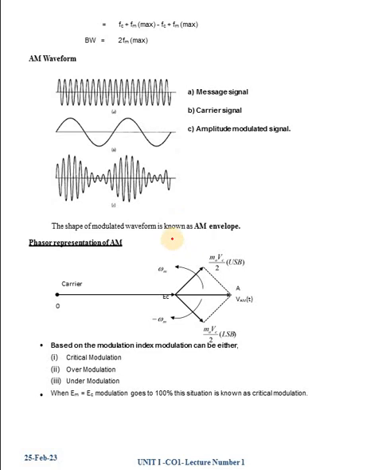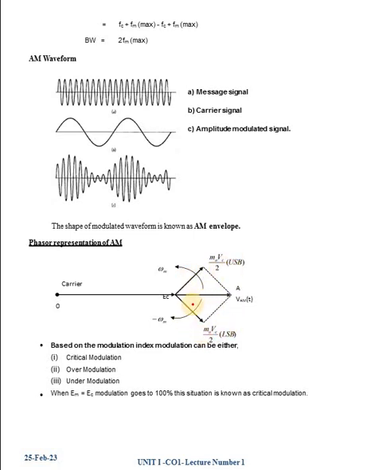Phasor representation of AM. So carrier, as I told, this is the reference carrier, which acts as a reference phase. So this is EC, and this is your modulated waveform VAM of t. This has two phasors with respect to the upper sideband frequency and lower sideband frequency.